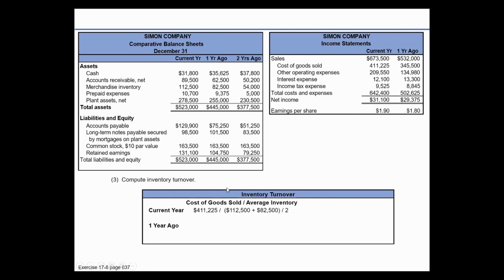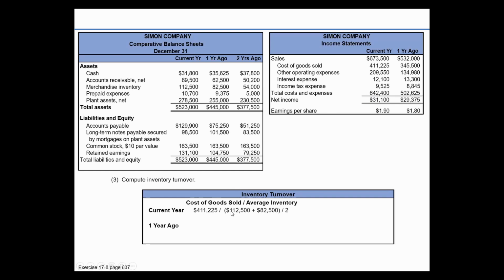Now the inventory turnover. To do inventory turnover, we take the cost of goods sold, which is 411,225. We just take that right from the income statement for the current year. And then we take the average inventory. We get that by looking at the merchandise inventory, very similar to what we did before, current year and the year previous.